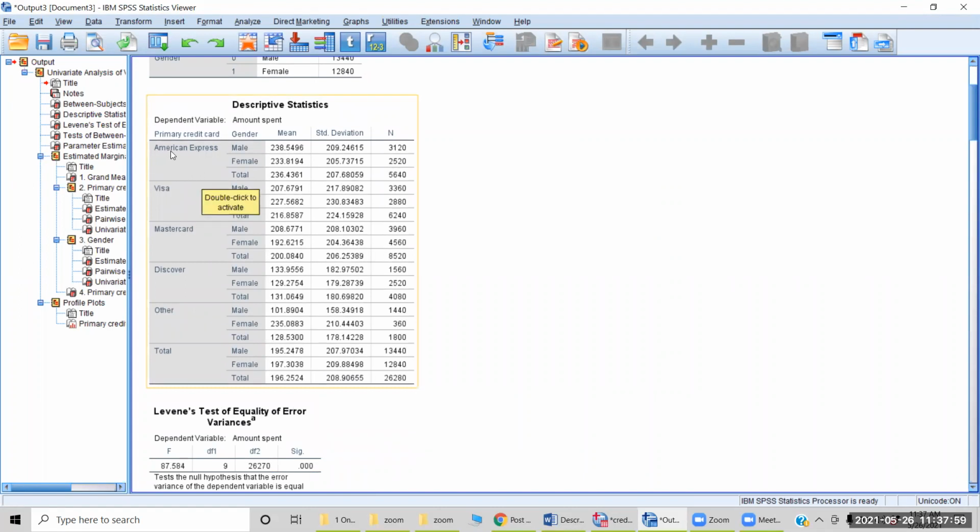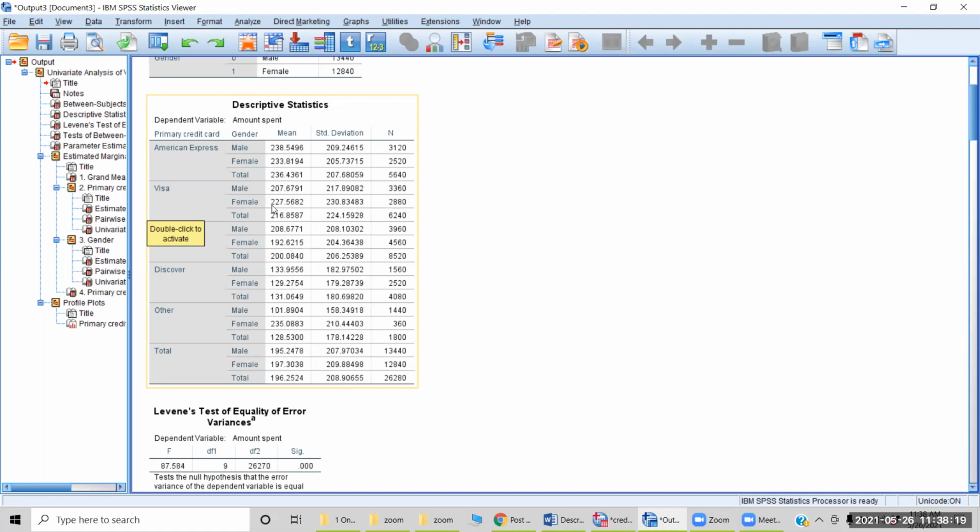So descriptive stats, simple average expenditure. For example, average expenditures against American Express in case of male are 238, in case of female 233, and total are 236. Similarly, for the average expenditures on visa, in case of male 207, in case of female 227.